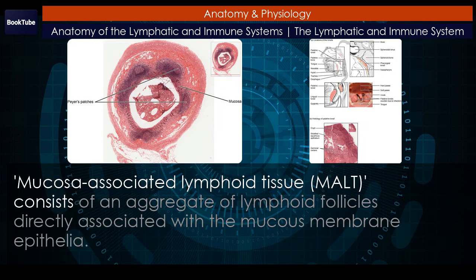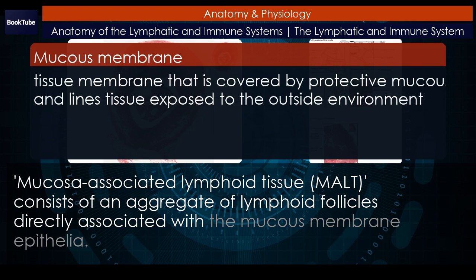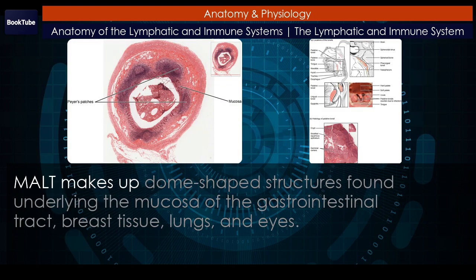Mucosa-associated lymphoid tissue, MALT, consists of an aggregate of lymphoid follicles directly associated with the mucous membrane epithelia. MALT makes up dome-shaped structures found underlying the mucosa of the gastrointestinal tract, breast tissue, lungs, and eyes.